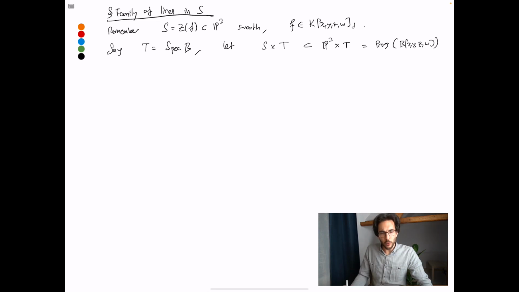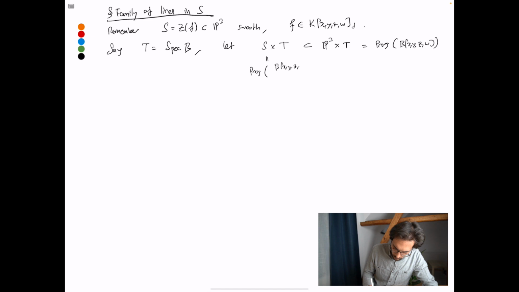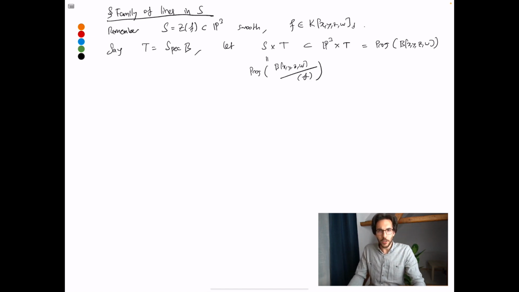Here we also have a similar interpretation for S cross T. So we can now write S cross T also as proj of a ring, and it's this ring. So we take the ring generated by the coordinate functions on P3 with coefficients B, and since we can interpret the coefficients of f as in B, my polynomial f can be viewed as a polynomial inside of this ring, and I take the quotient.